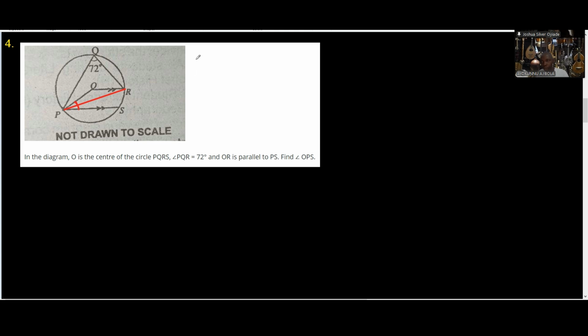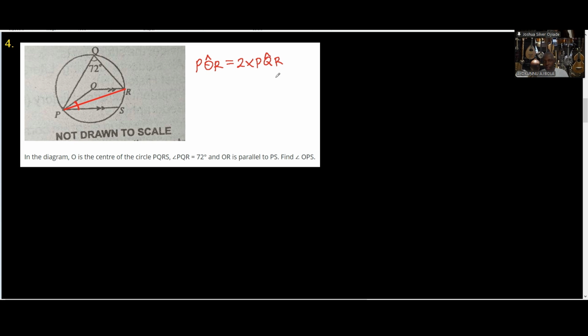So angle POR equals twice PQR, which is angle at the center is twice the one at the circumference.